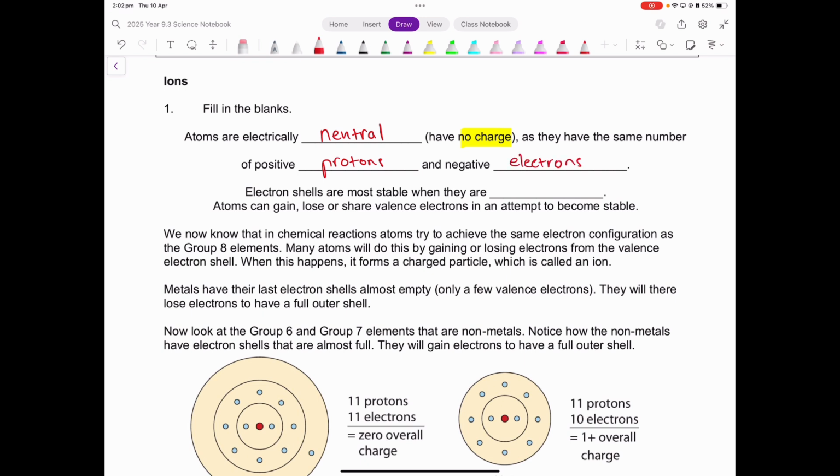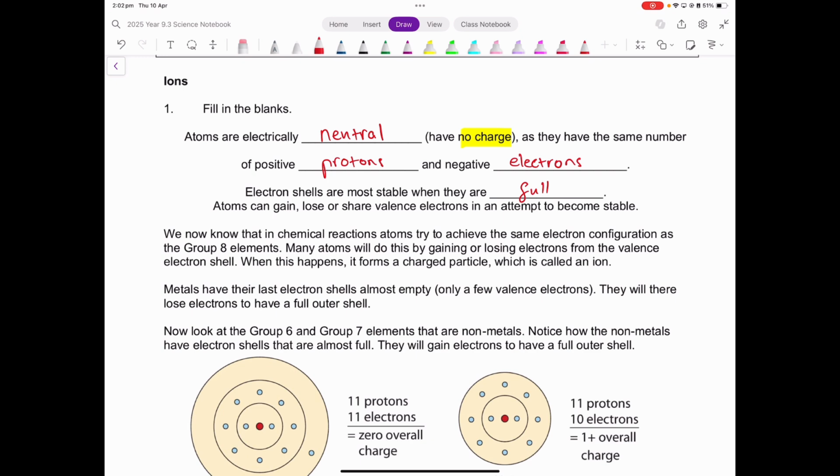Okay. Now, these electrons, as we learnt yesterday with our friends the noble gases, so group 8 running down in green on our periodic table in the room, electron shells are most stable when they are full, okay? When they have a complete valence shell.